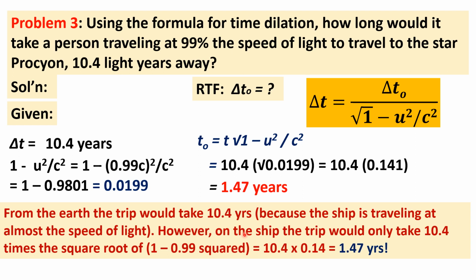However, on the ship, the trip would only take 10.4 years times the square root of 1 minus 0.99 squared, or as computed, only 1.47 years for the person traveling at 99% of the speed of light to reach the star Procyon, a much smaller length of time.